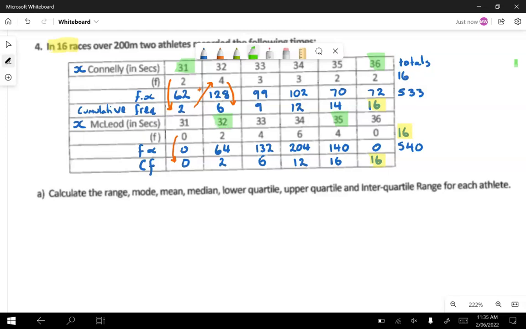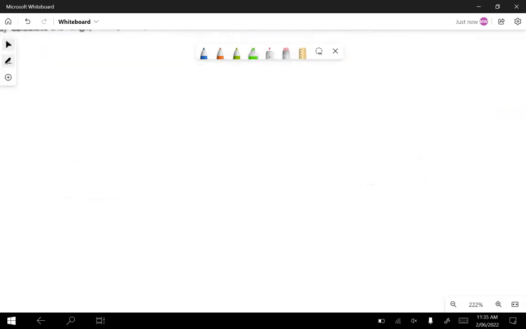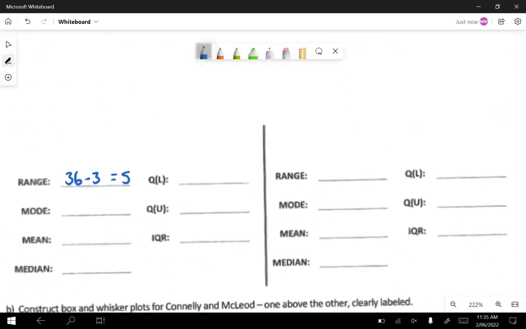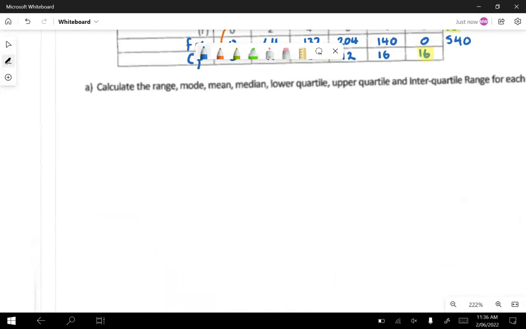So you're looking for where it actually occurred. Don't get tricked by it. So his is going to be 35 minus 32. So he's only got 3 seconds. Everyone happy with that?